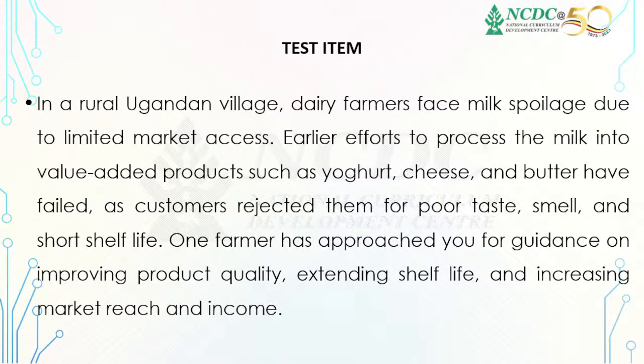Earlier efforts to process the milk into value-added products such as yogurt, cheese, and butter have failed as customers rejected them for poor taste, smell, or flavor, and short shelf life. One farmer has approached you for guidance on improving product quality, extending shelf life, and increasing market reach, and definitely income. This is on value addition, and it is on milk processing.